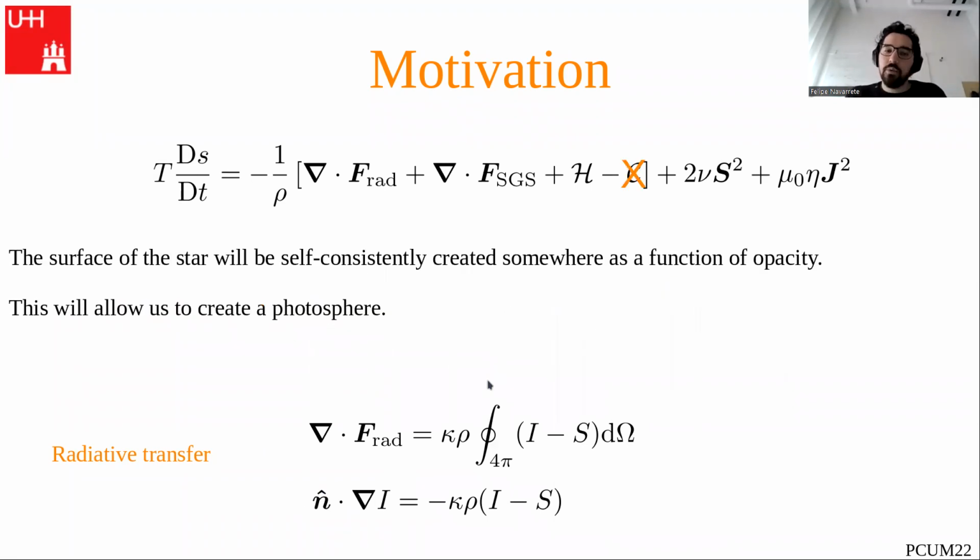Ideally, with this we will self-consistently create a surface as a function of opacity, and with that we will have a photosphere. We also want to eliminate this cooling function and let the system cool by solving the radiative transfer equation.